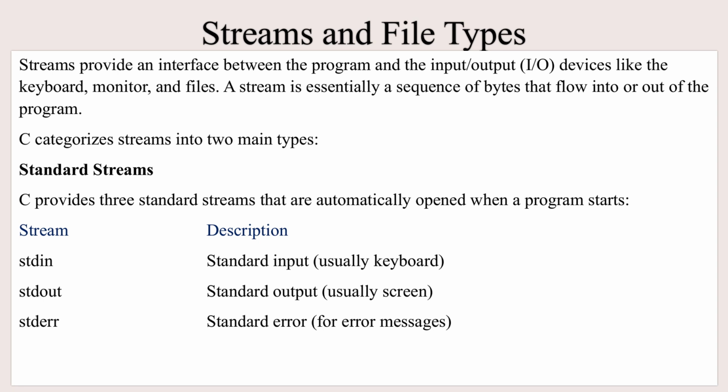Standard streams: C provides three standard streams that are automatically opened when a program starts. stdin, standard input using keyboard; stdout, standard output, usually the screen; stderr, standard error for error messages.